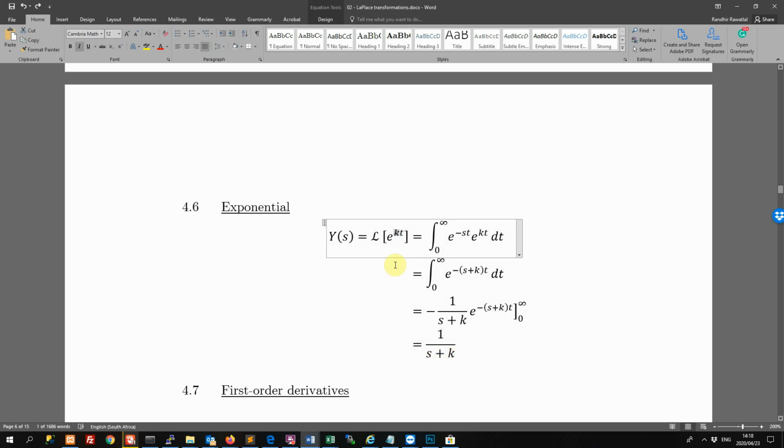So when you transform an exponential in time, then the coefficient of the time part of that exponential shows up as a parameter which shifts s, and it's 1 over s plus k. So that's one thing to note.